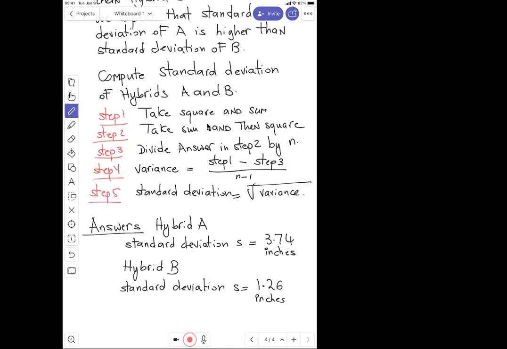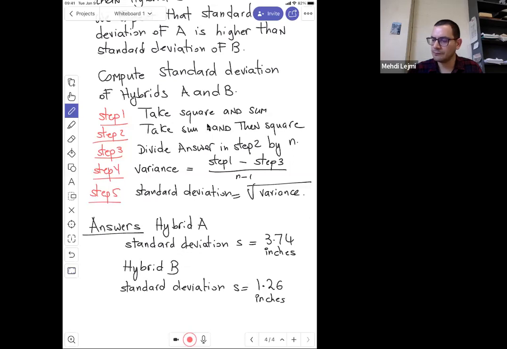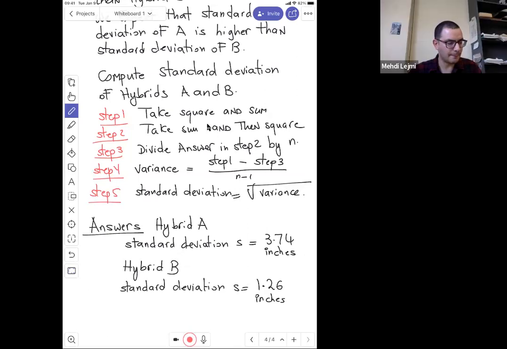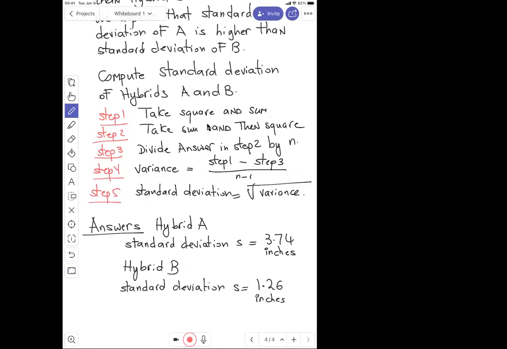I have a question, Professor. Yes, please. For my first step, I got 286. Let me see my notes. Yeah, that's step one, right? Now I'm on step 2, and I have 4 plus 9 plus 9 plus 64 plus 100 plus 100.